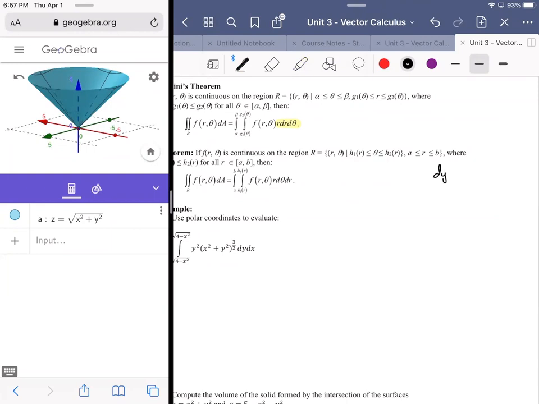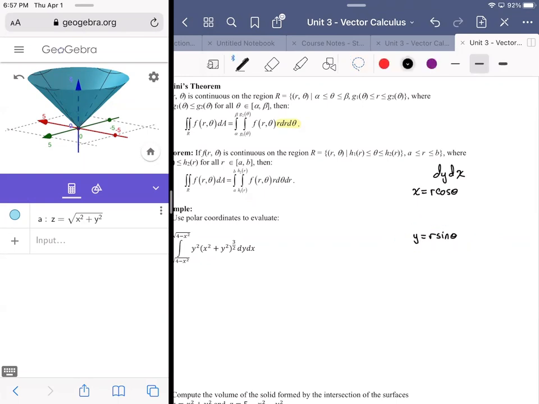Anyway, let's say we have a double integral dy dx. We know x is equal to r cosine theta. We know y is equal to r sine theta. Those are relationships that we talked about in the first unit, and we just reviewed them a few minutes ago.